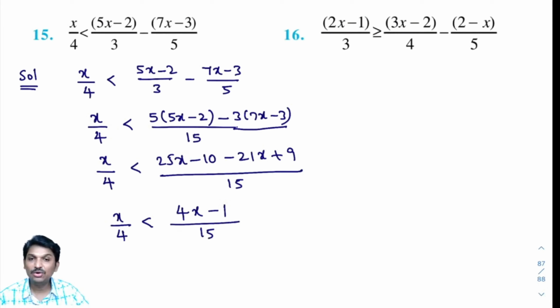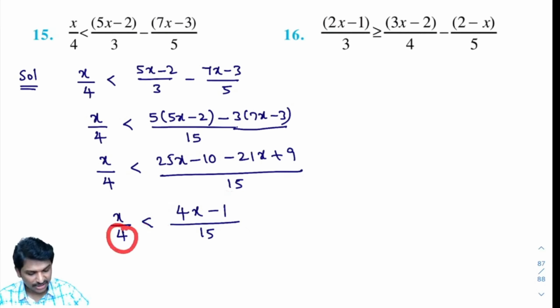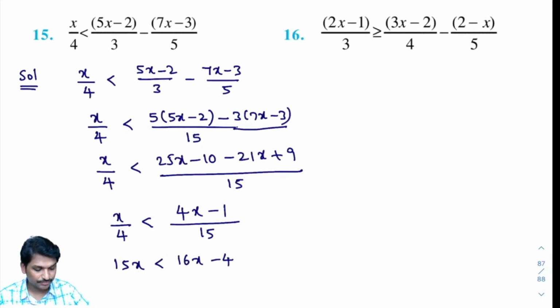Now I am trying for x values. In linear inequalities we cannot cross multiply generally, but here both denominators are positive real numbers, so we can cross multiply. What you will get? 15x is less than 16x minus 4.